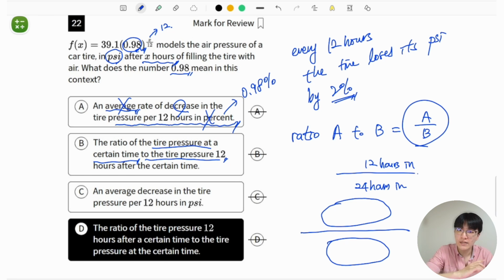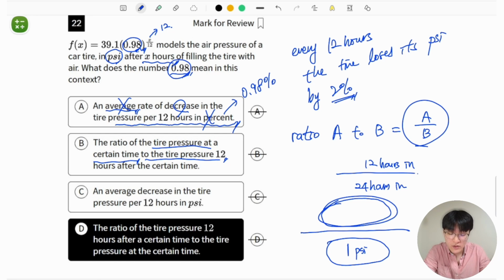Let's just say 1 is 1 psi. Okay? So we want to make sure that the bottom is right now and the top is in the future. Why? Because that is what 0.98 means. So in the future, after 12 hours, it's going to be 0.98 psi. So that is what we're looking for. And in this situation, we got these in the opposite direction. Therefore, that is incorrect.